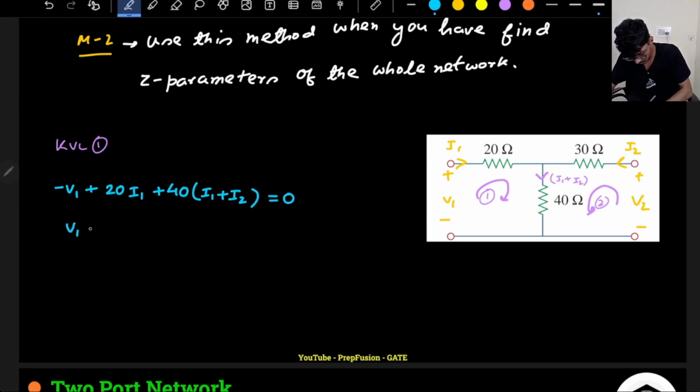So my V1 will be equal to overall 60 into I1 plus 40 into I2.